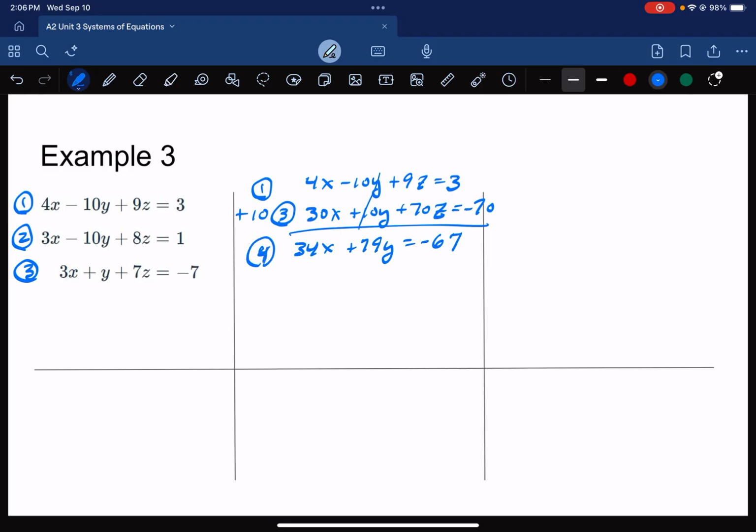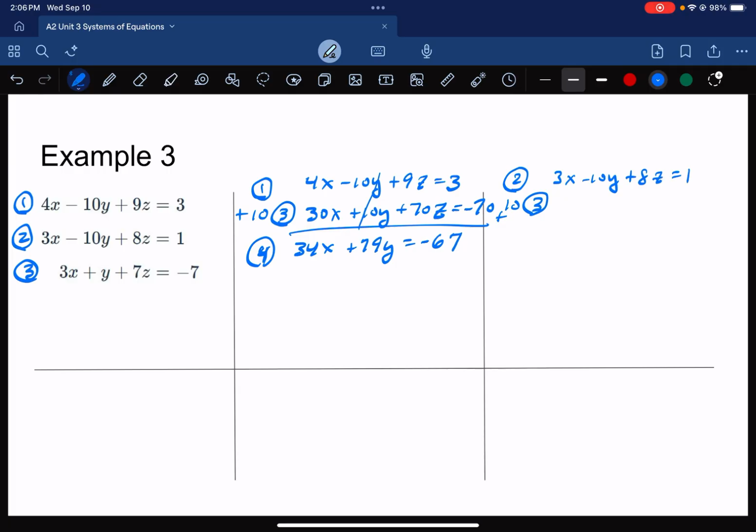All right, and now I'll do the same thing with 2 and 3. So I'll do equation 2 plus 10 times equation 3. Add those together. So 3x minus 10y plus 8z equals 1.